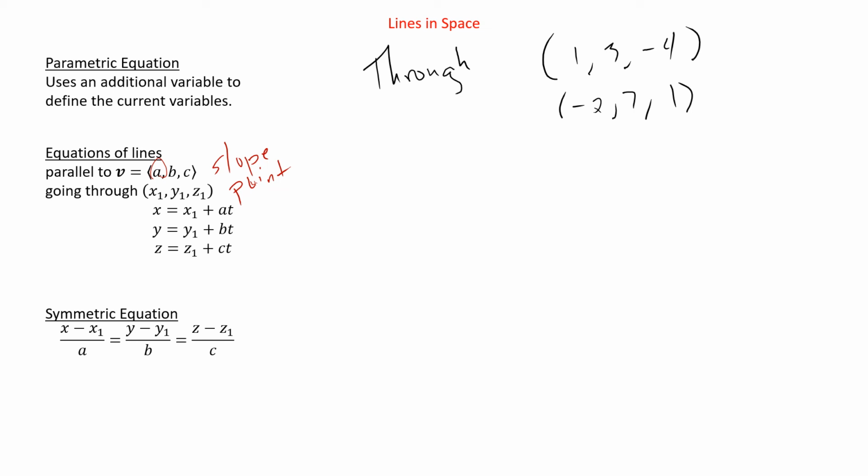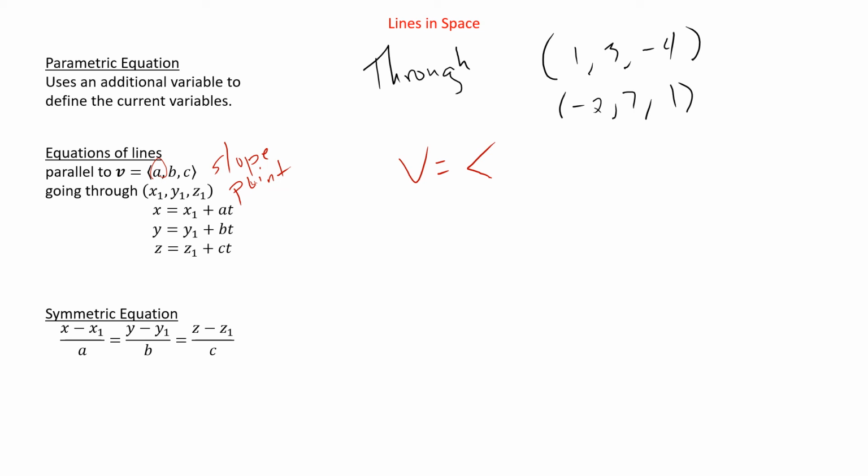So the first thing we do is we have to find that vector v. Vector v is going to be going from one of the points to the other point. It does not matter which way we go. All that will do is change the a, b, and c to negatives, and being that we could put either a negative or positive t in, it becomes the same thing. So let's just go from the top point to the bottom point.